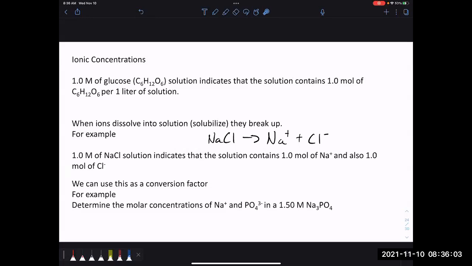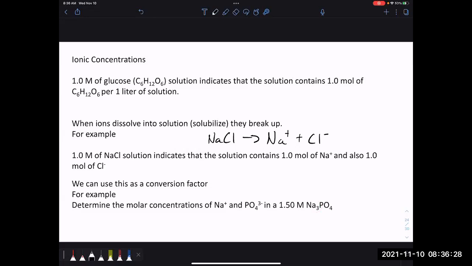We can also use this idea as a conversion factor. So it doesn't have to be 1-to-1. For example, in sodium phosphate, we have 3 sodium atoms and a single phosphate, which is one of our polyatomic ions, and we treat those as sort of a single unit.